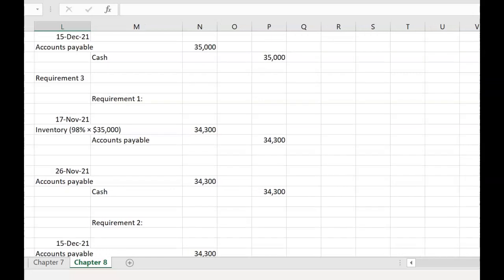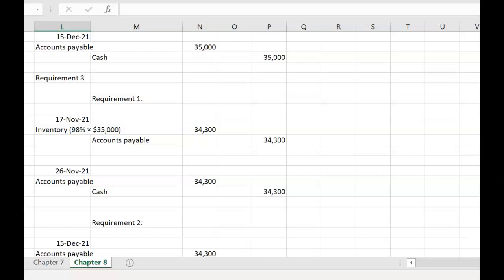And on November 26th, they paid it within the discount period, so they just have to debit accounts payable for the $34,300, which was what was established as the accounts payable on the purchase date, and credit cash of $34,300.